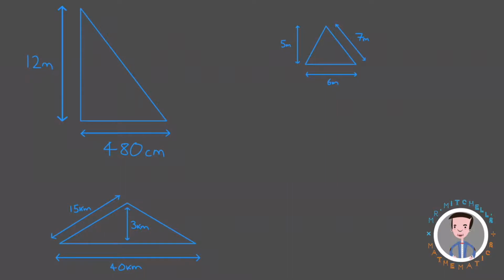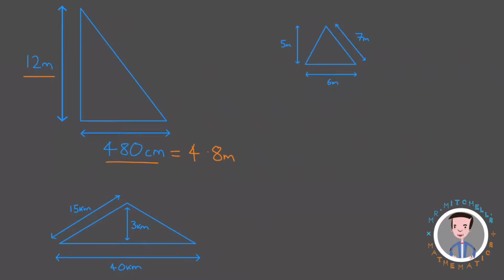Okay, so why don't we start with number 1. Here we have a base of 480 centimeters and a height of 12 meters. In this case, first things first, we need to make sure that the units are the same. So 480 centimeters becomes 4.8 meters. That was a little trick that we left in there.